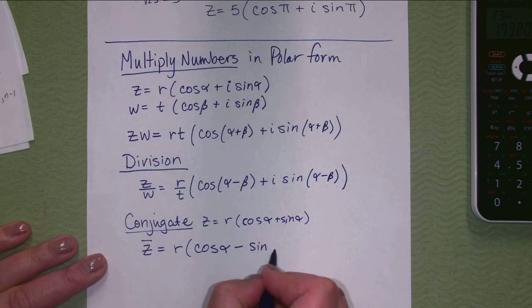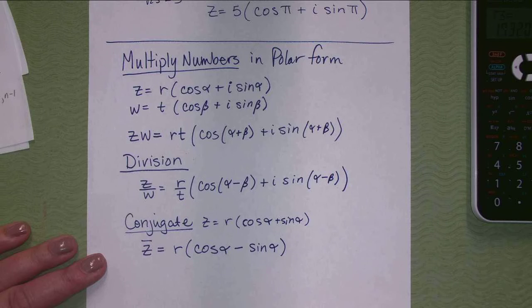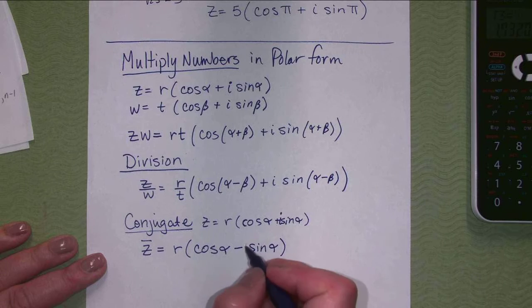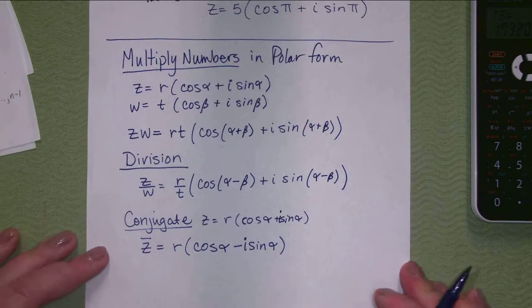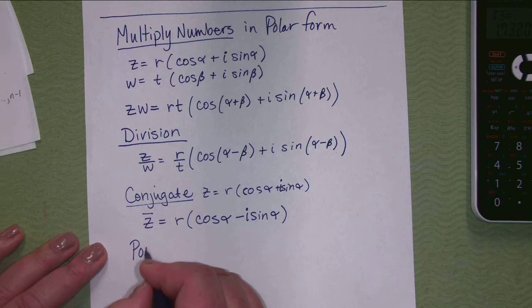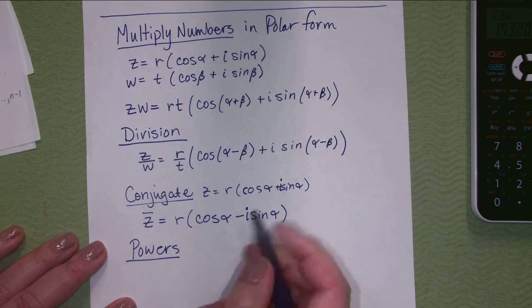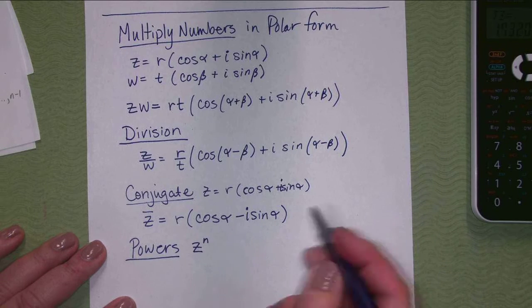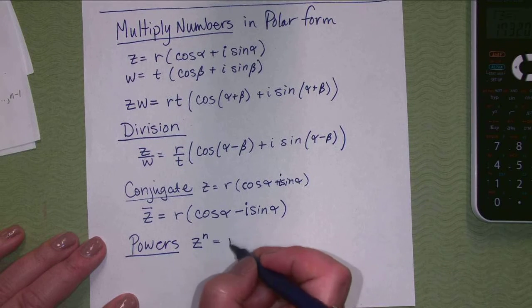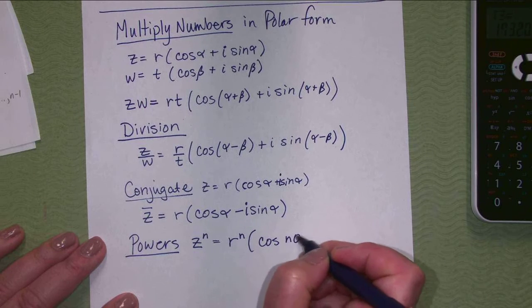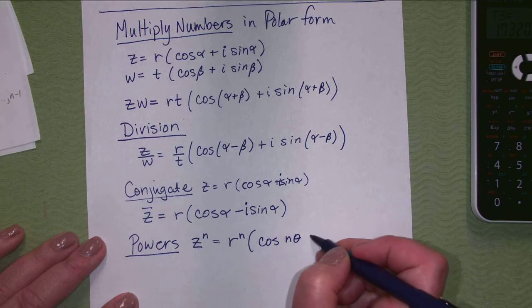Okay, just the same, change the, oops, forgot the i. Don't forget the i. And then powers. So if we wanted to find Z to the power n, then that would be R to the power n cos n times theta, or whatever your angle is, plus i sine n times theta.